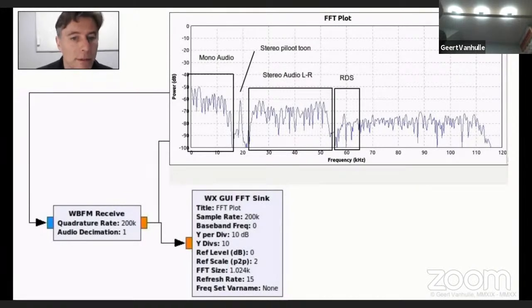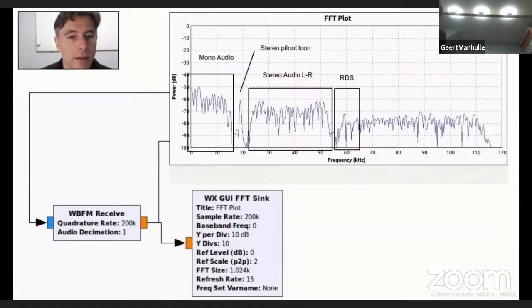Then we have a pilot tone, and this pilot tone is used to recognize in an analog receiver normally if the transmitting station is using stereo audio or mono audio. If this pilot tone is there, then it means the signal being transmitted is in a stereo format, and in this case we will have a new piece of bandwidth that is filled with the differential signal of the left and the right channel of the audio, that can be used in the demodulator to recompose the left and the right signal.